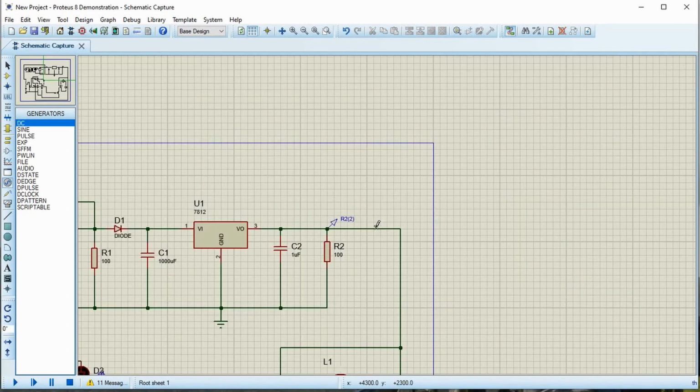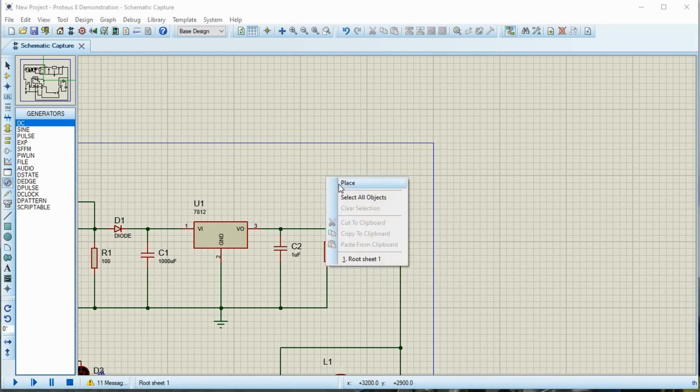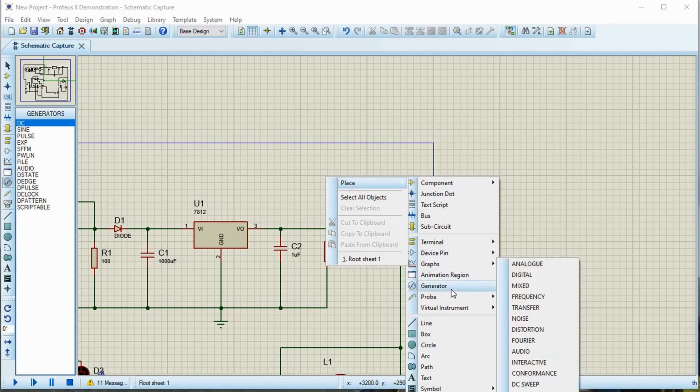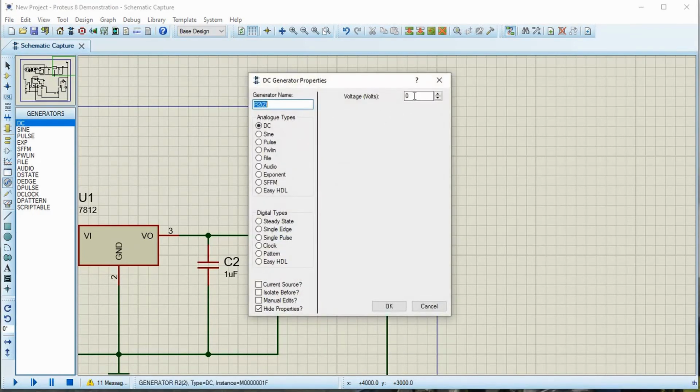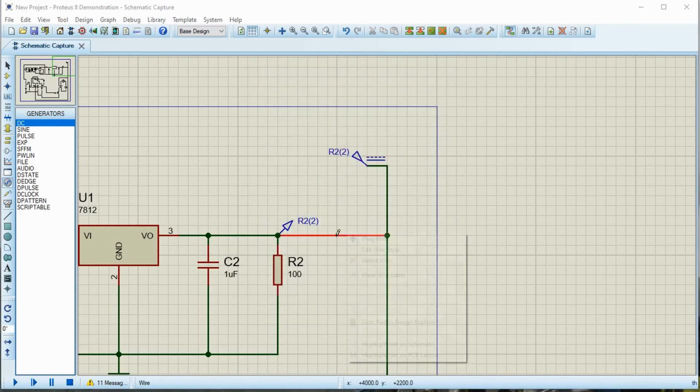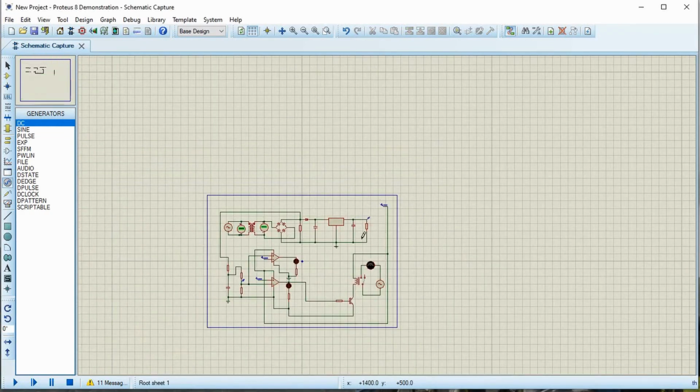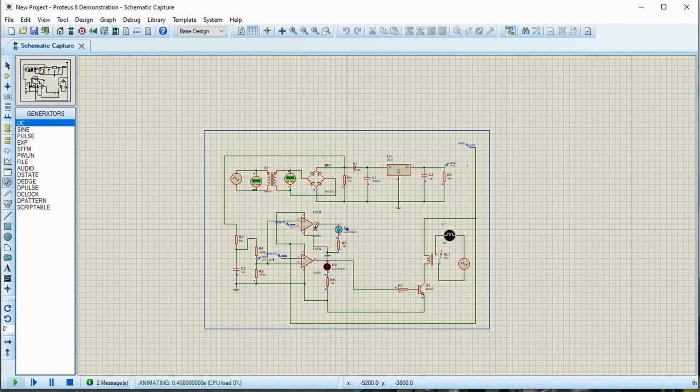So what I did was, instead of using this power supply to power up our circuit, I'm going to put a generator and give 12 volts DC. Let me break this connection and start it. Yeah, it's working.